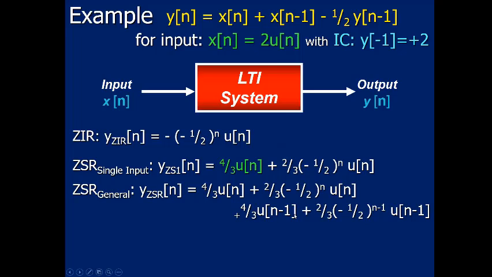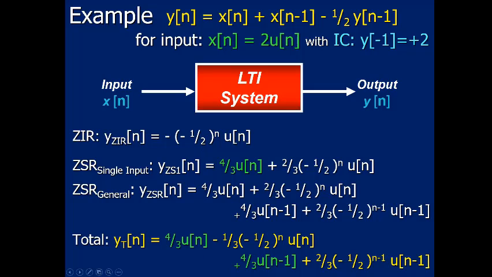So we get a 4/3 u of n minus 1, a 2/3 times -1/2 to the n minus 1 power times u of n minus 1. That's the complete zero state response of the general system. Then I add that to our zero input response and get the total response.